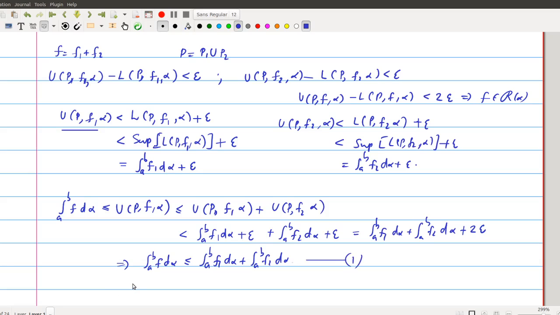For the reverse inequality, replace f by minus f. Replacing f1 plus f2 by minus f1 plus minus f2, we get the integral from a to b of minus f d alpha less than or equal to the integral from a to b of minus f1 d alpha plus the integral from a to b of minus f2 d alpha.